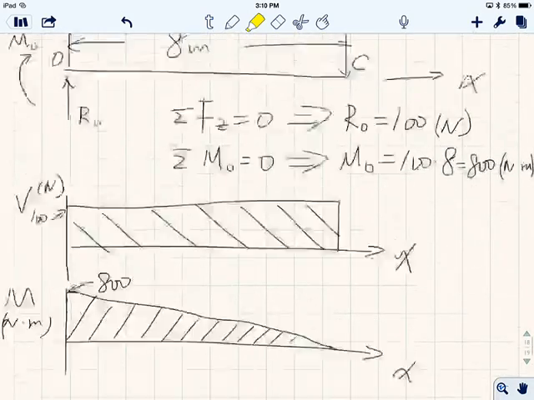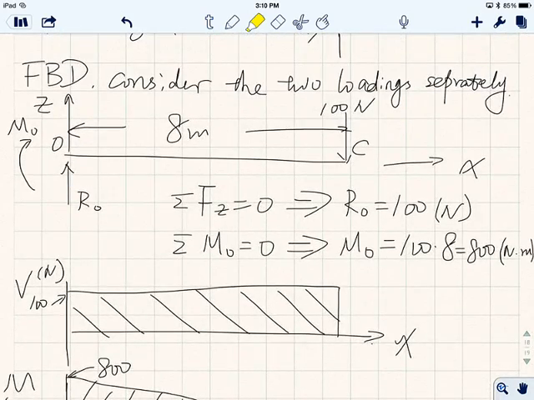Okay, so first of all, we start with the XZ plane, right? In the XZ plane, you have a concentrated force of 100 newtons pushing down, and we're trying to find out what's the bending moment over here. So we start with equilibrium, summation Fz = 0, summation Mo = 0, to find the reaction force, because it's a cantilever beam, so you have a reaction force going upwards, and also a reaction bending moment, Mo, right?